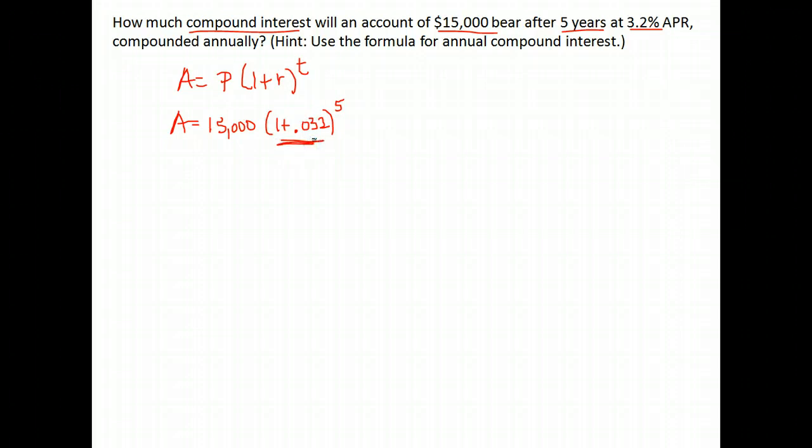First, you do the parentheses, so you add those, and we get 15,000 times 1.032. We then need to do our exponent, so we take 1.032 to the 5th power.